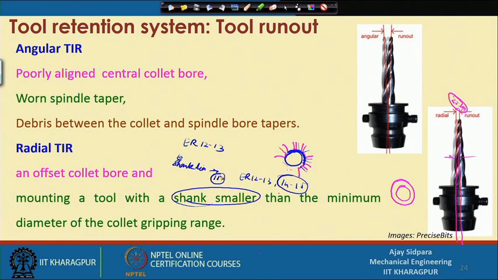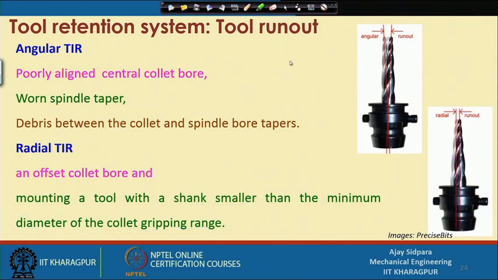When it grips from all sides, it will remain at the center. But when your tool shank diameter is smaller than the minimum diameter of the range, because the range is 12 to 13 but your diameter is 11, it will be gripped by only a few grippers, not from all locations, and then you end up with the radial runout.